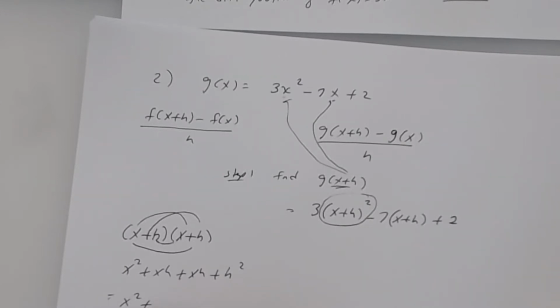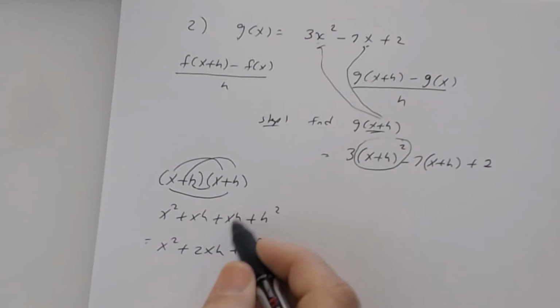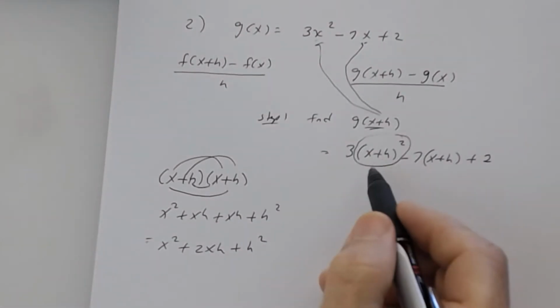X squared plus what? xh plus xh is 2xh, right? And then plus what? H squared. So remember, 1xh plus 1xh is 2xh. So that's this right here.